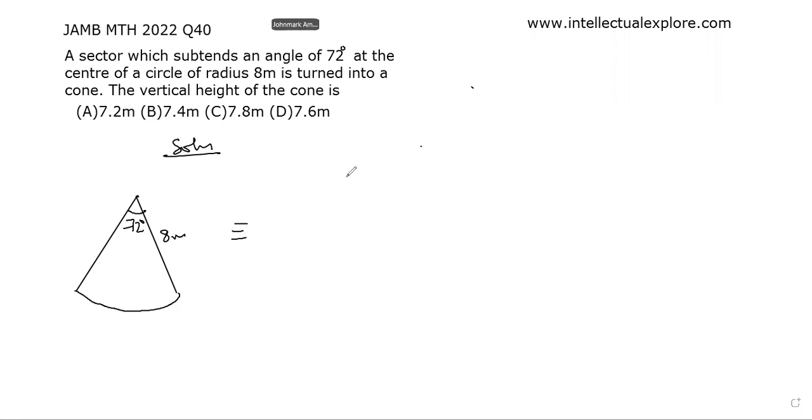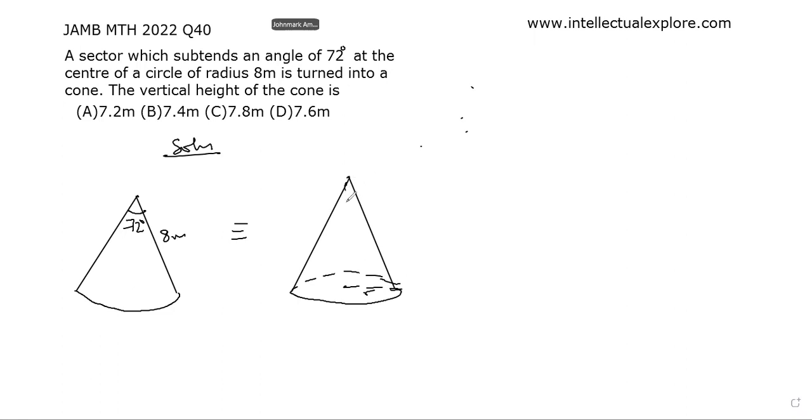Now, if you turn this into a cone, that means you have folded it. And then you have the center here. You have a new radius here, small r.